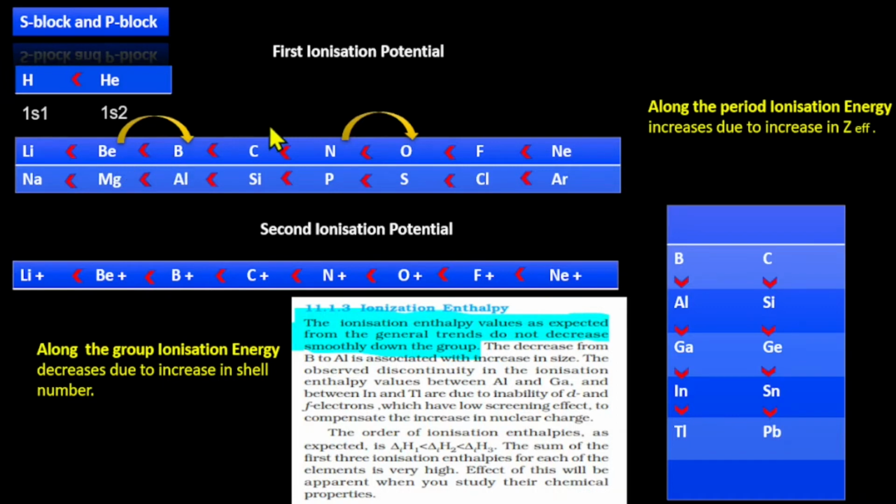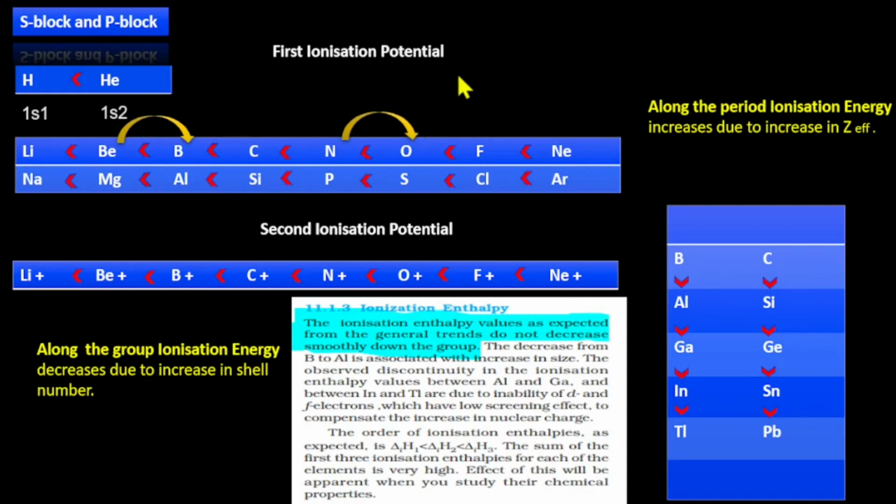Similarly, nitrogen is half filled, so it will come ahead of oxygen. You know that it is 2s2 2p3. So 2p3 means 3 electrons in the p orbital, meaning half filled. So it will be ahead of oxygen.